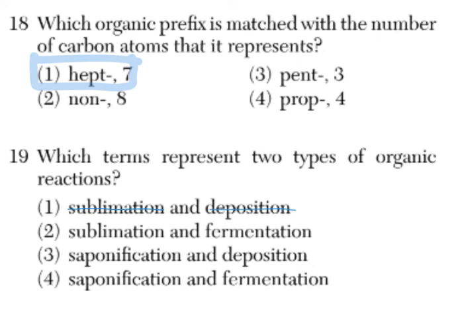Sublimation is from solid to gas, and deposition from gas to solid by passing liquid. So sublimation and fermentation, no. Saponification and deposition, no. Saponification and fermentation, that's the answer. Both of them are the titles of two honorable organic reactions, production of the soap and fermentation, production of the alcohol and carbon dioxide.